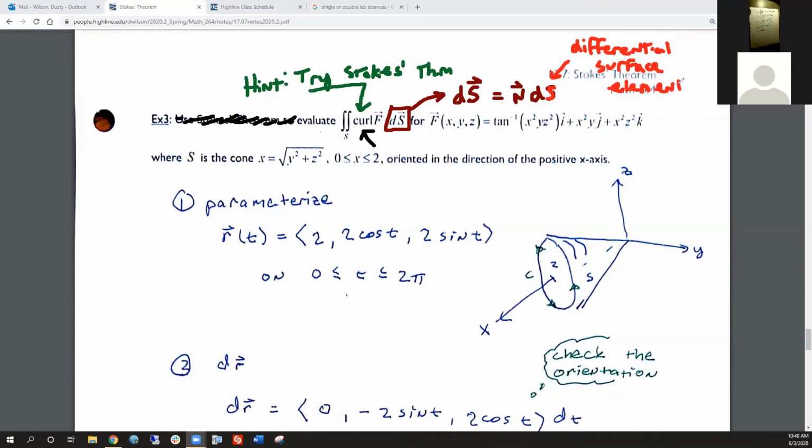And so maybe you guys remember how those things worked. We had some sort of a surface, and we chopped it up into little pieces. And we said each of those dS's represented one of these little patches here, at least when the patch size went to 0.